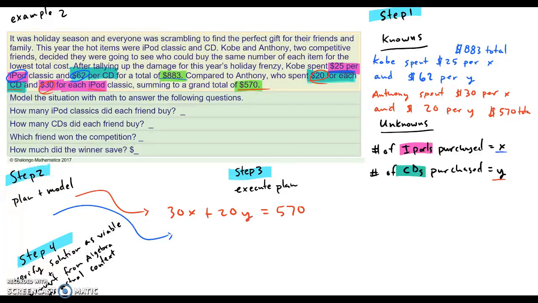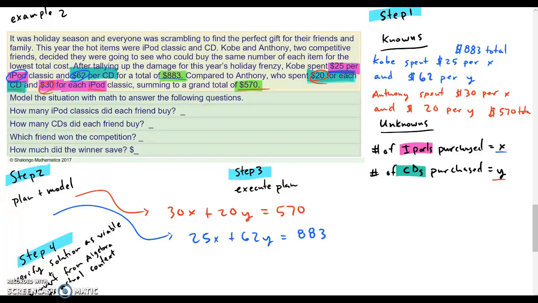For Kobe, $25 per iPod plus $62 per the number of CDs that he bought, equaling a total of $883. Now we can go ahead and execute the plan by either graphing, using elimination, or substitution. I'm going to graph.